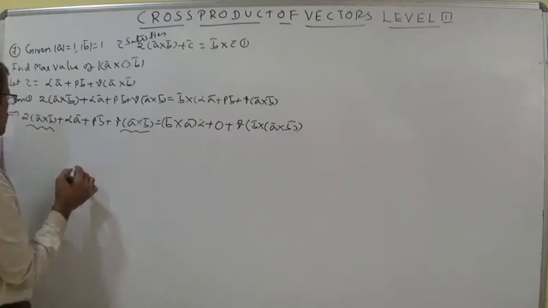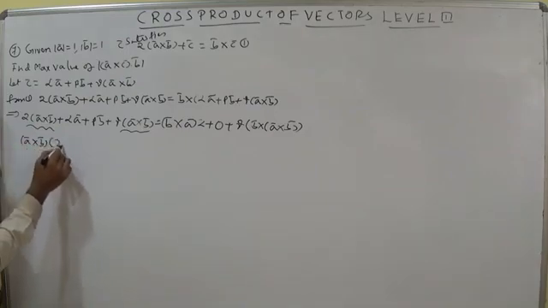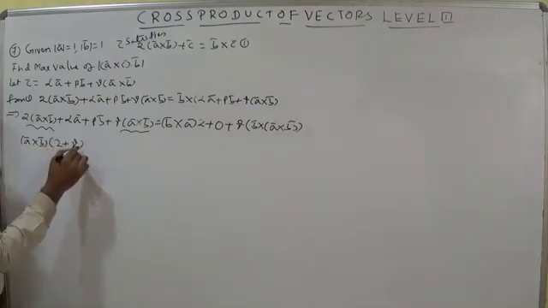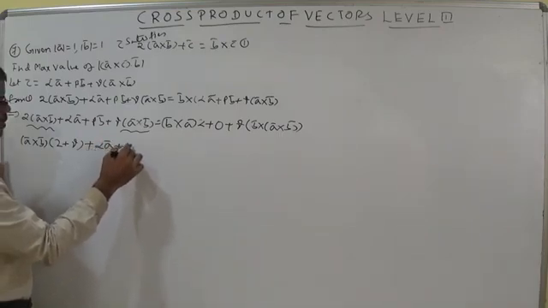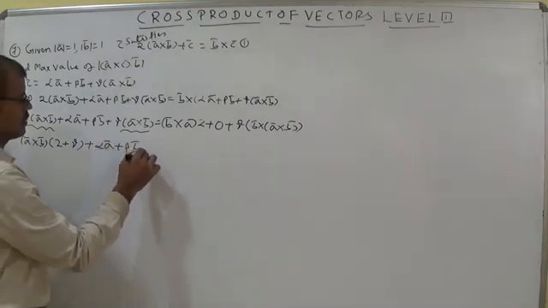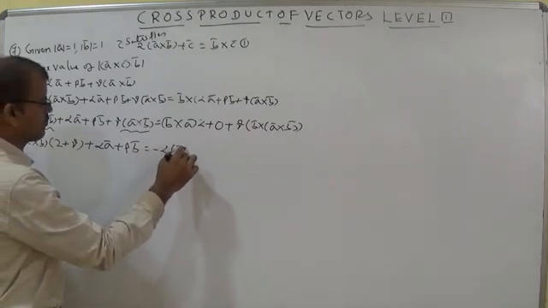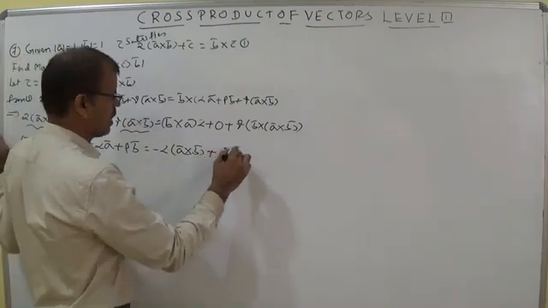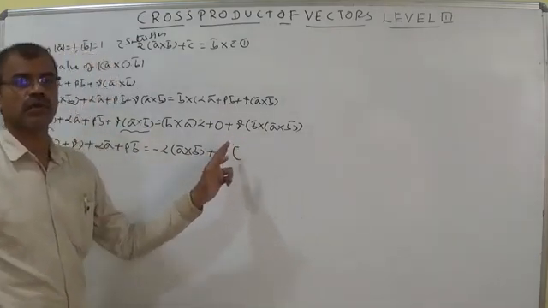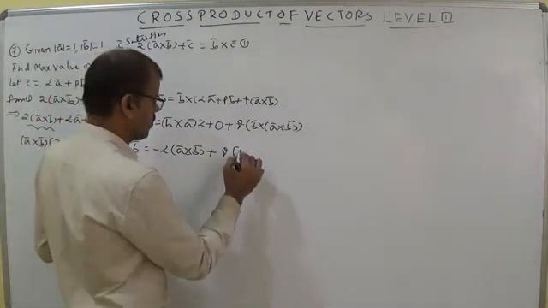You can take A bar cross B bar common, then it becomes 2 plus gamma, plus alpha A bar plus beta B bar is equal to minus alpha A bar cross B bar plus gamma into the vector triple product formula.